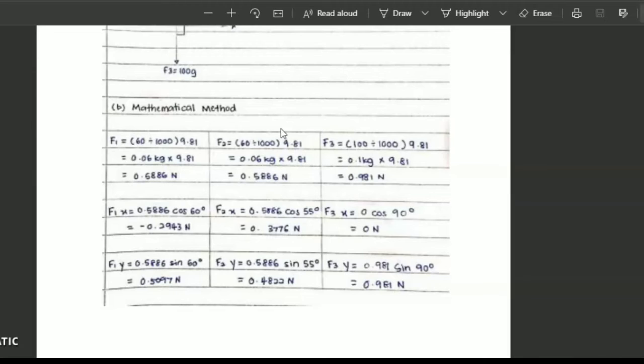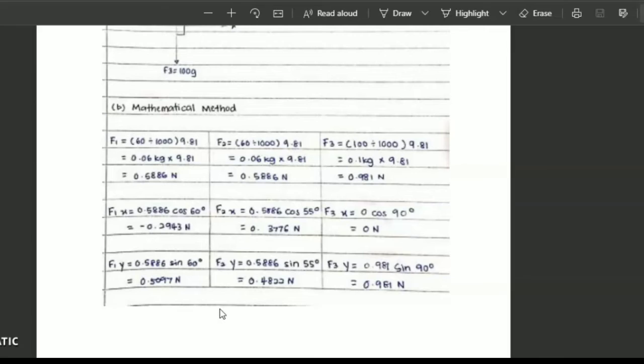So force 2, we got 0.5886 Newton. Force 2x, we got 0.3776 Newton. For force 2y, we got 0.4822 Newton.